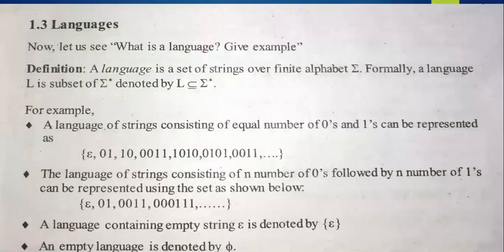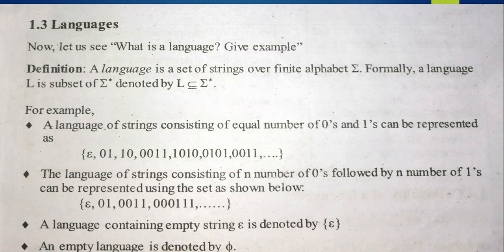Next, we need to move on to a new topic called languages. Students, we are already done with alphabet, which is represented by sigma. Then we are done with string, which is represented by lowercase w. Now we need to go for languages. Using the alphabet and combinations of alphabet, which are called strings, we frame the language.